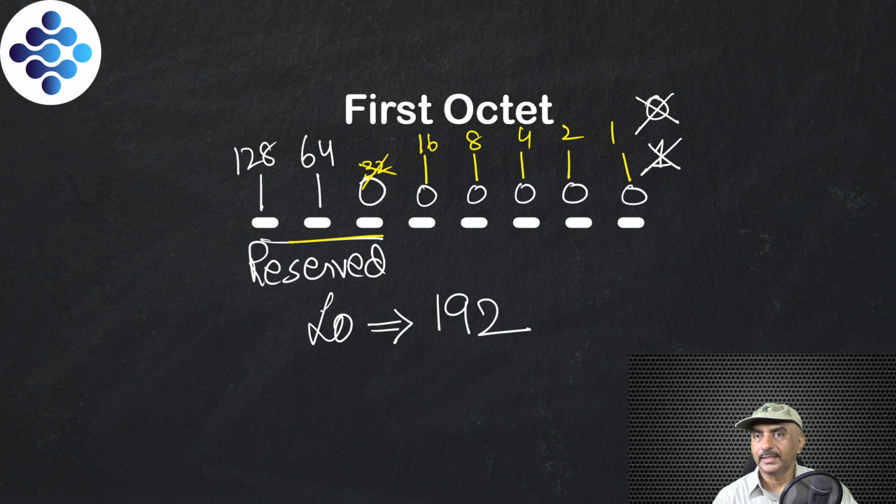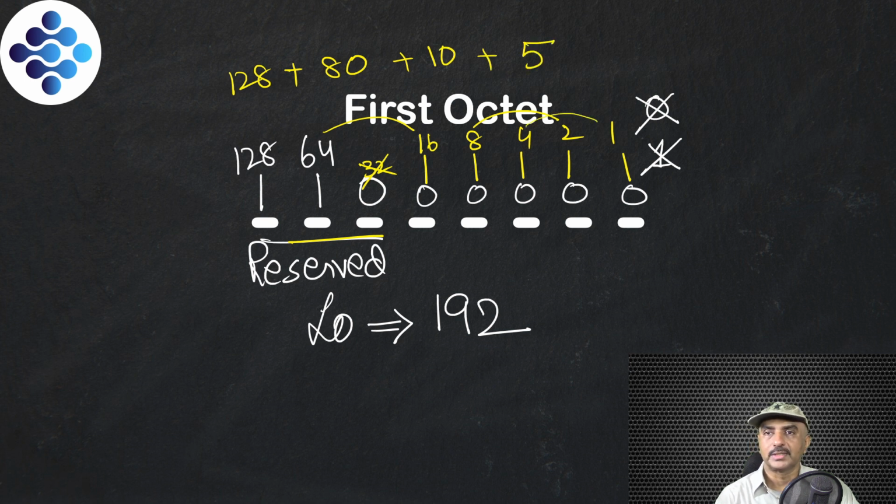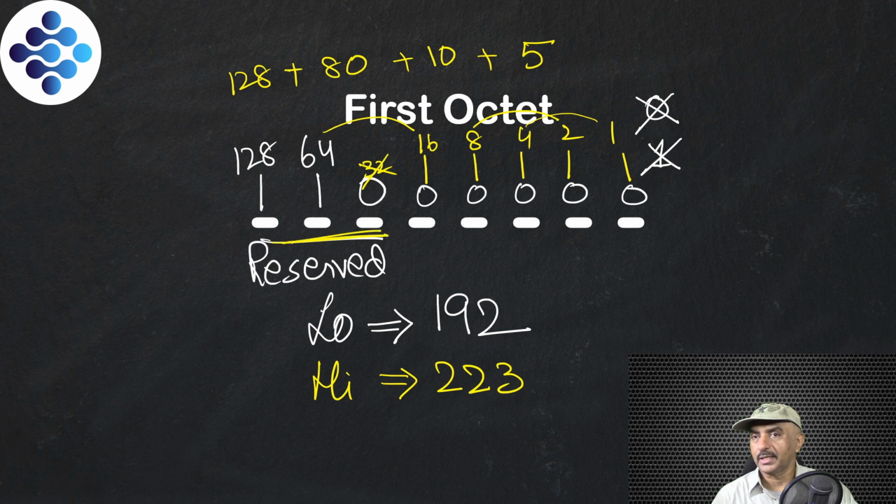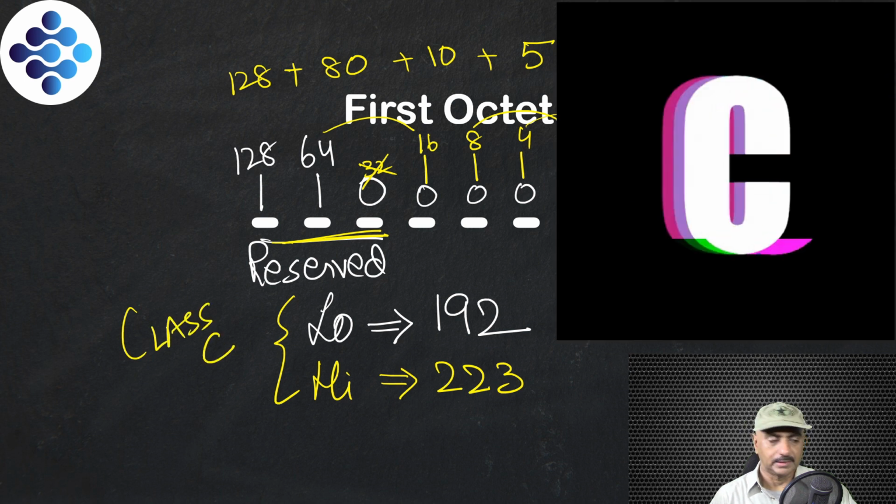So this 128 plus 64 plus 16, that is a round figure 80, 8 plus 2 is 10, and 4 plus 1 is 5. So this gives us the value 128 plus 80, 208, plus 10, 218, plus 5, 223. So this is the highest number, 223, when 3 bits are reserved. So this is nothing but class C, right?